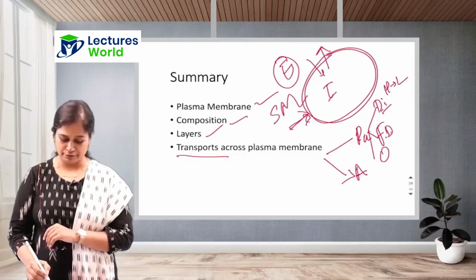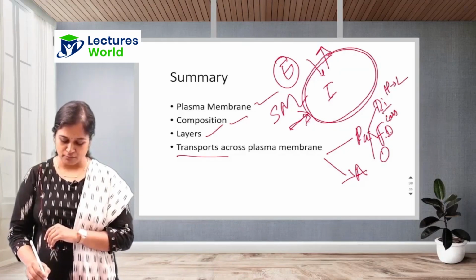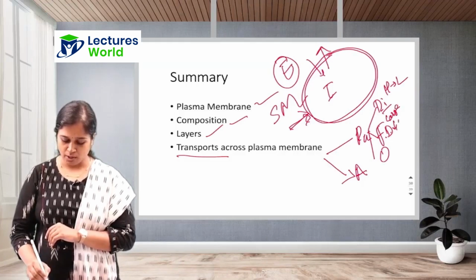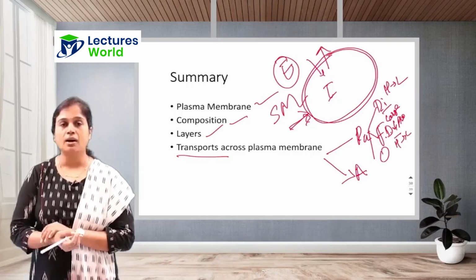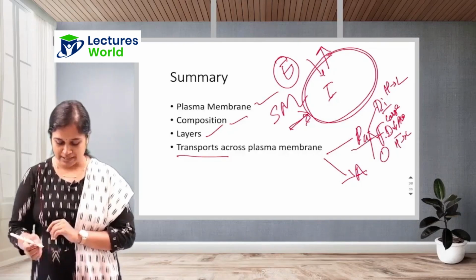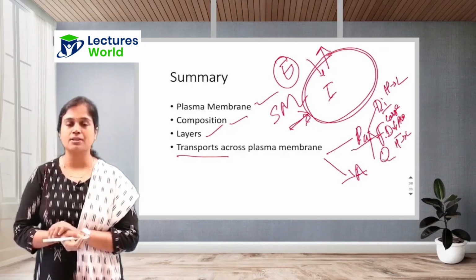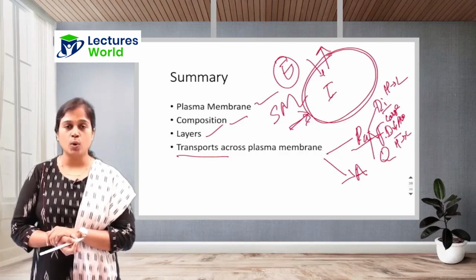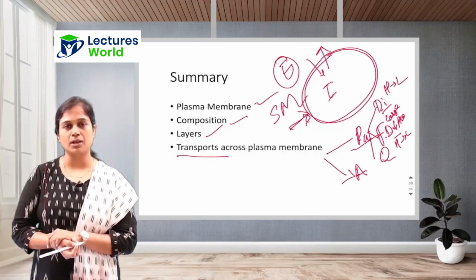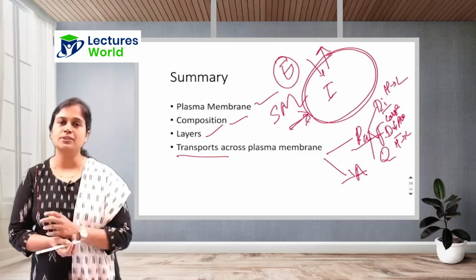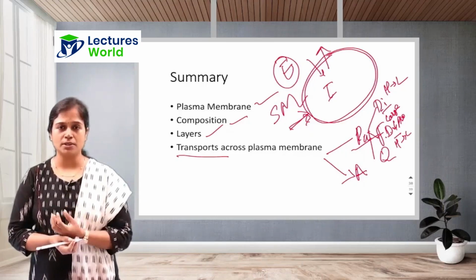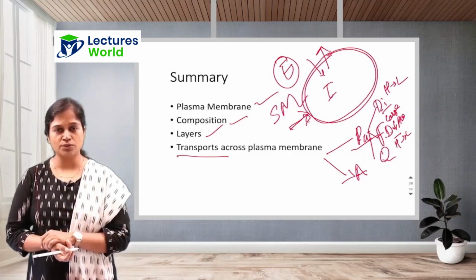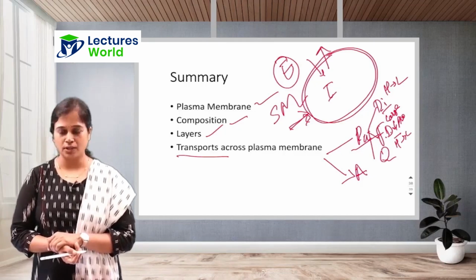In facilitated diffusion, the larger size molecules are moved with the protein carrier, from higher concentration to lower. In osmosis, there is movement of the solvent from the lower concentration of solutes to higher concentration of solutes.